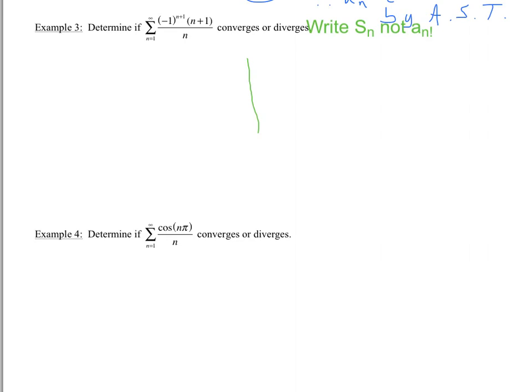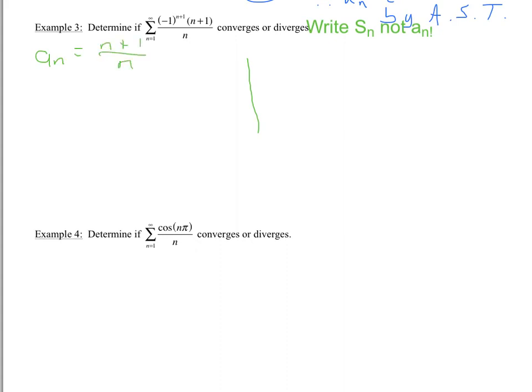All right, example 3. Here we have a series. It's alternating. You can see that alternator sitting out in front. The sum, as n goes from 1 to infinity, of negative 1 to the n plus 1 times n plus 1 over n. All right, so a sub n is simply n plus 1 over n.